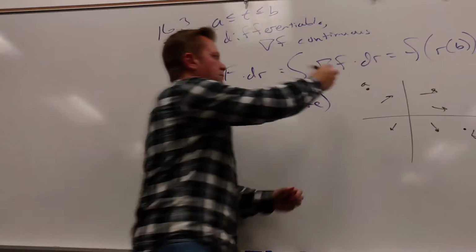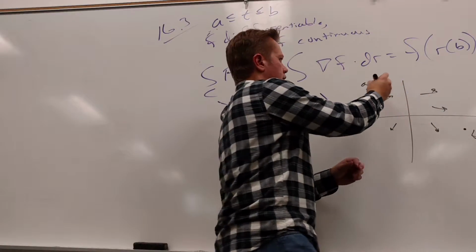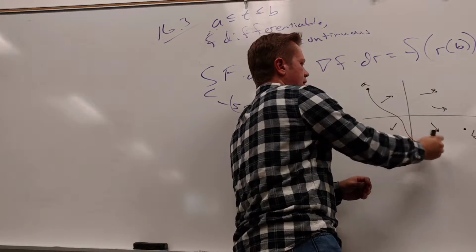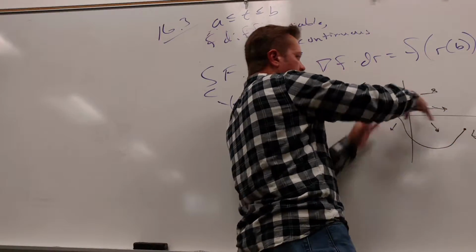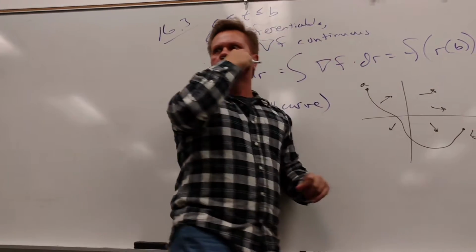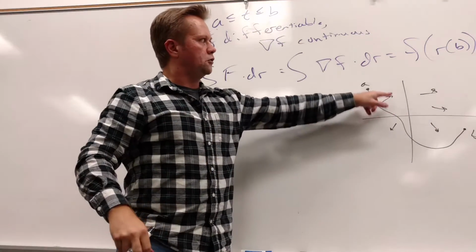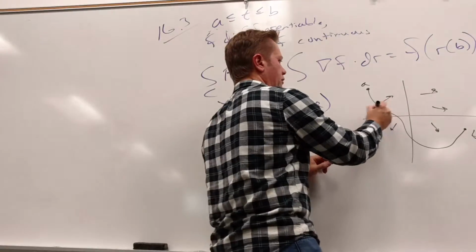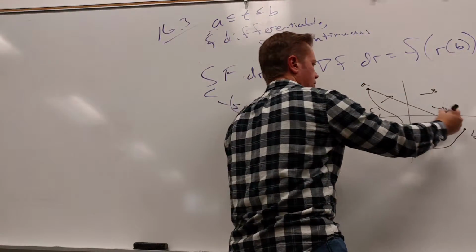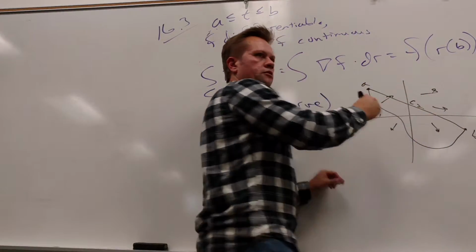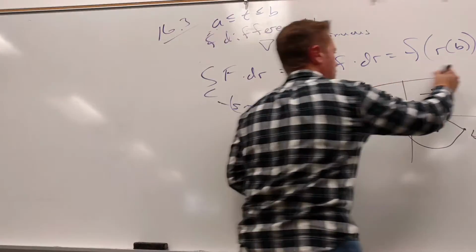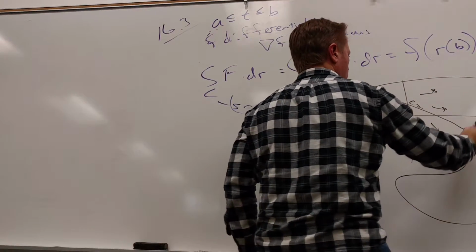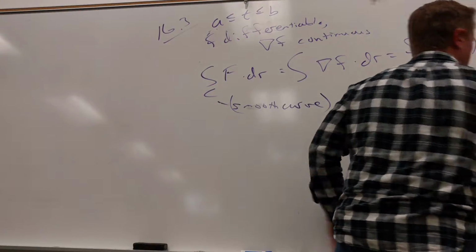So any path that I take, it doesn't matter which path I take, because if there's something true about this field, the integral along that curve is going to be the same. No matter if I go this way, I call this curve 1, or if I go straight, curve 2, or I go around from the other side, that's curve 3.